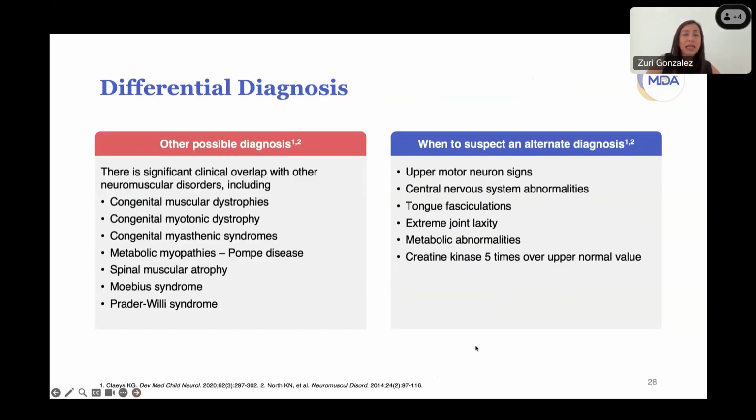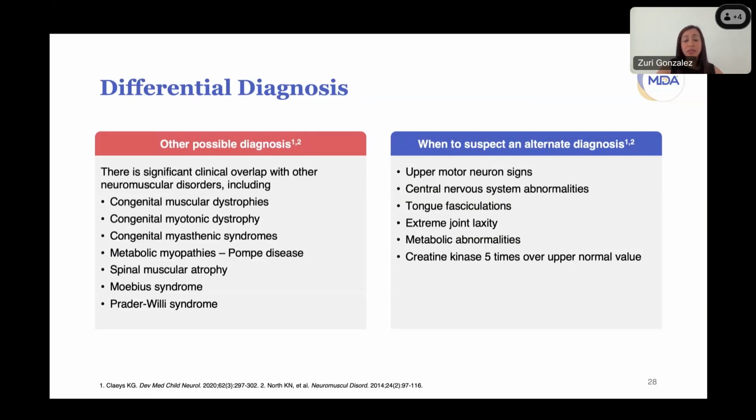To summarize, we should also think about differential diagnosis when we see patients with muscle weakness and hypotonia. Again, because there's significant clinical overlap, some of the differential diagnoses that we should think of include congenital muscular dystrophies, congenital myotonic dystrophy, congenital myasthenic syndromes, metabolic myopathies. We should never forget SMA, as well as other syndromic features.